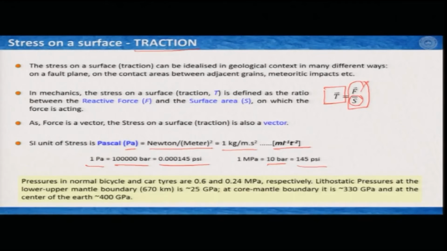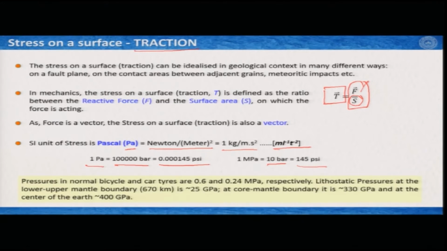So, the pressure on the bicycle tire is 0.6 megapascal, and the lithostatic pressure at the lower upper mantle boundary, which is around 670 kilometers down from the surface, is about 25 gigapascal. That means 1 MPa multiplied by 10 to the power 6 multiplied by 25 gives you the gigapascal.